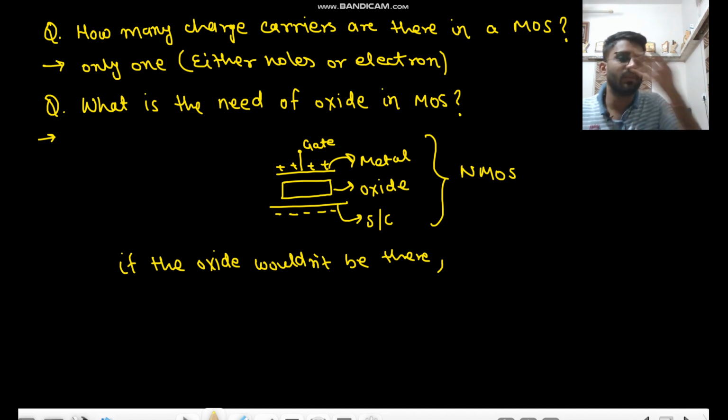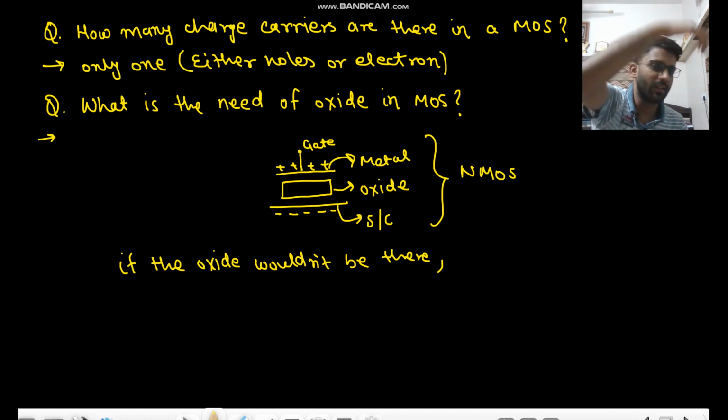Whatever the charge comes, all the charge will go upward, and there will be a current flow, but there will not be any inversion layer formed. Current flows in the upward direction, not from source to drain. But since the oxide is there, there will not be any current.